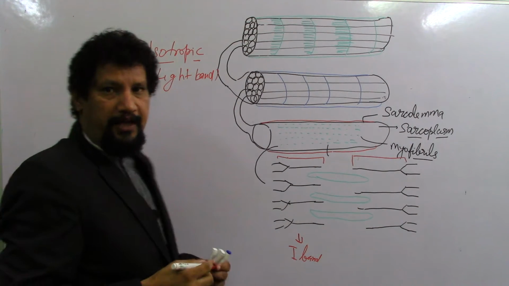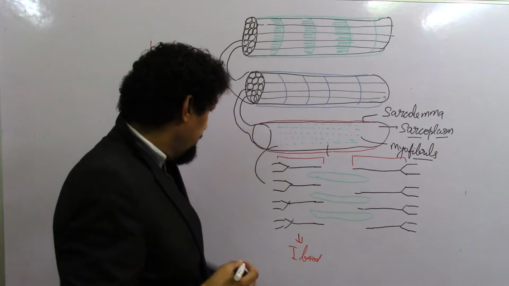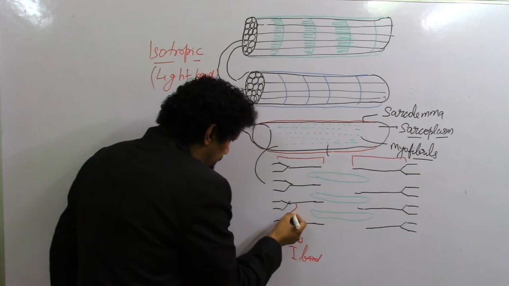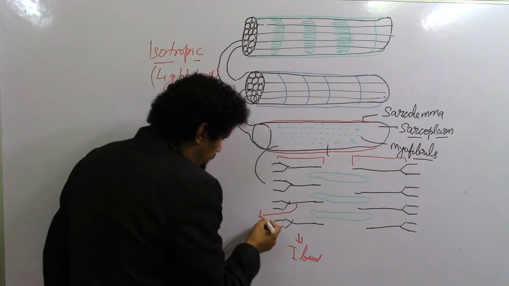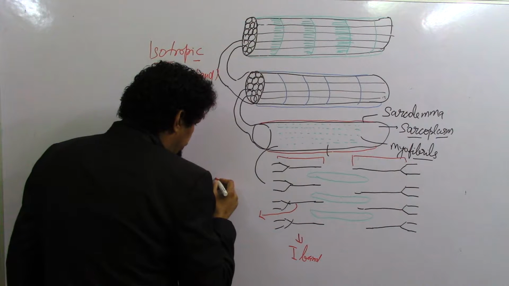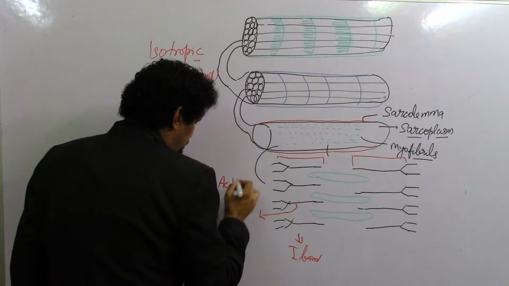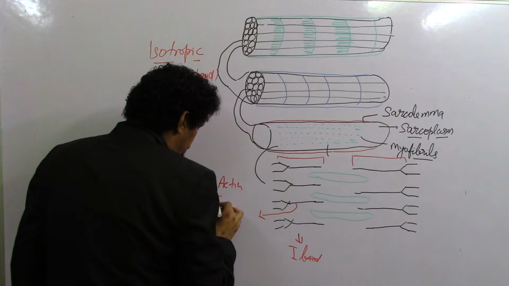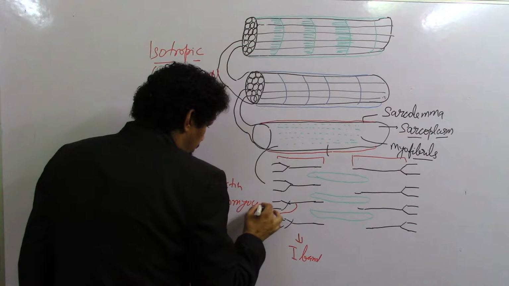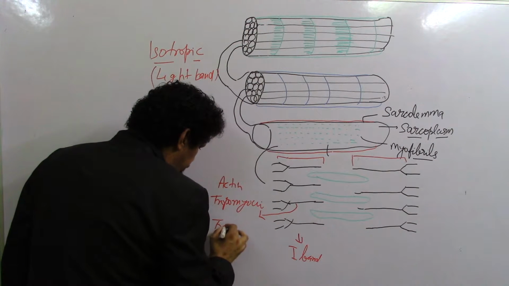So isotropic band or light band is having the thin filaments, and these thin filaments are formed by actin, tropomyosin and the troponin.